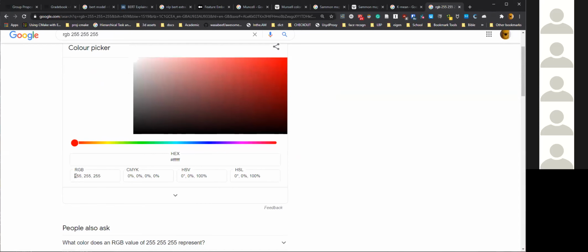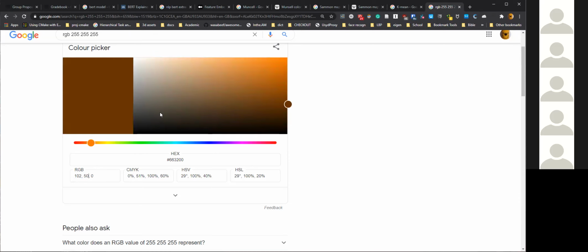So you can say, I want 100 of red, 255 of green, 255 of blue, and then it produces this color. If I want no blue, then it produces this color. And then I can change it, right? Does it make sense so far? Yes. And these are the percentages of red, green, and blue.